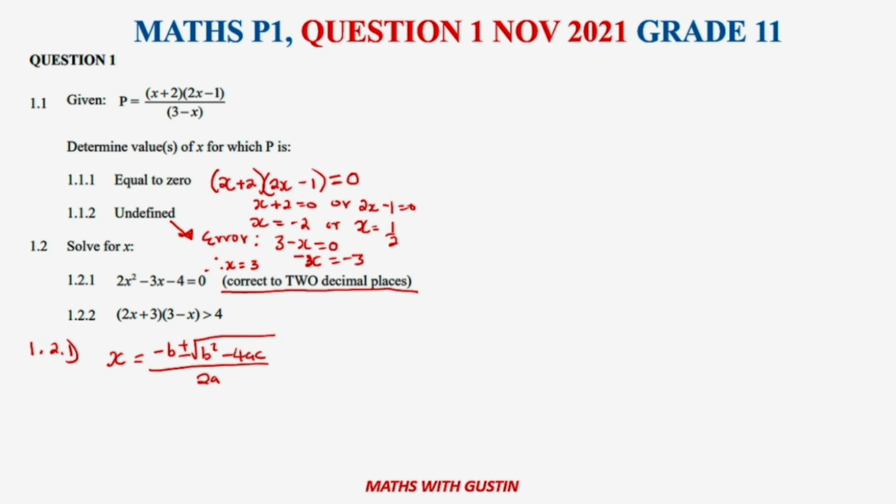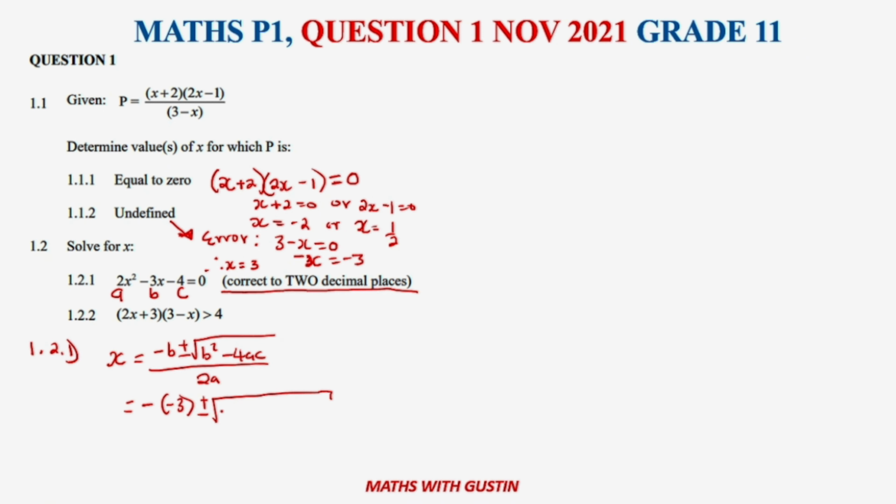Now in this case you are going to come to your equation. You know that this will be a, b, and therefore this will be c. So what we need to do now is substitute that into our formula. What is b? b is minus 3, so we're going to have minus, the minus from the formula, times minus 3, plus or minus the square root of b squared.